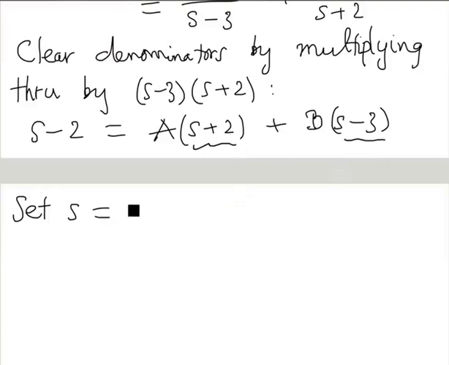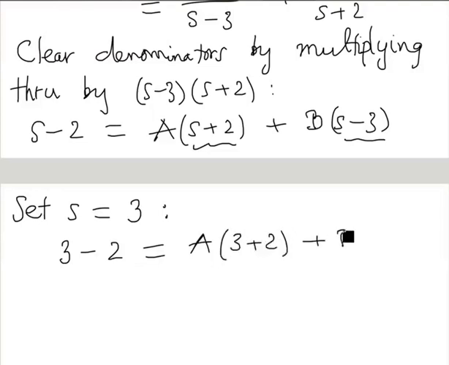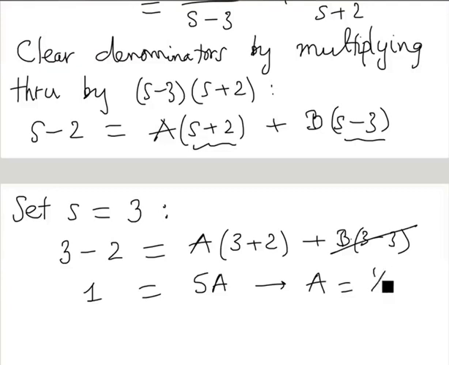So for example, s equal to 3 will be a special value because it will make s minus 3 here 0. If we set s equal to 3, then we have 3 minus 2 on the left equal to a times 3 plus 2 plus b times 3 minus 3. And this term, of course, is 0 and gone. We get 1 equal to 5a. So a is 1/5.